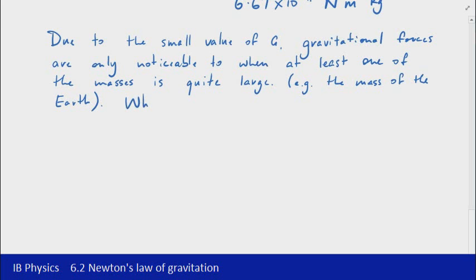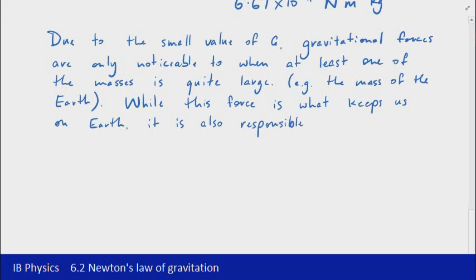Now, two other perspectives to take on this idea. The force of gravitation is responsible for keeping us fixed on Earth, which is one way to consider it, given that we're so close. It's also responsible for the orbit of the Moon or satellites.